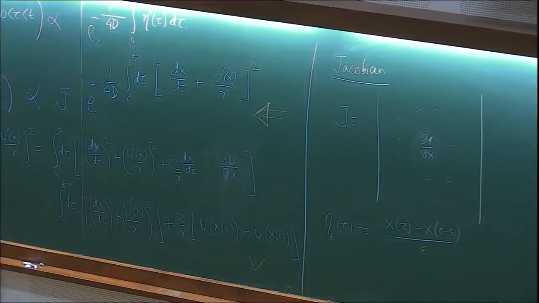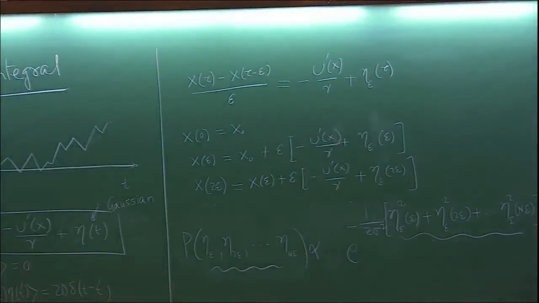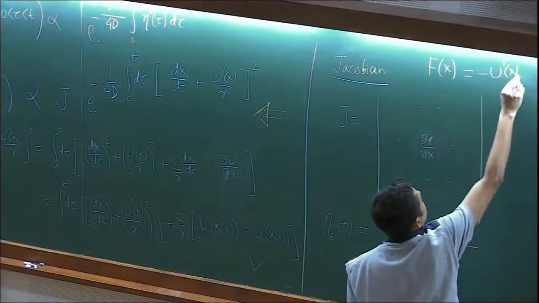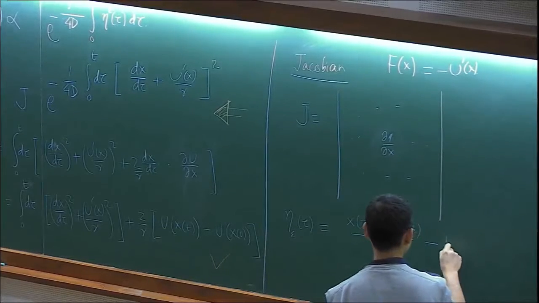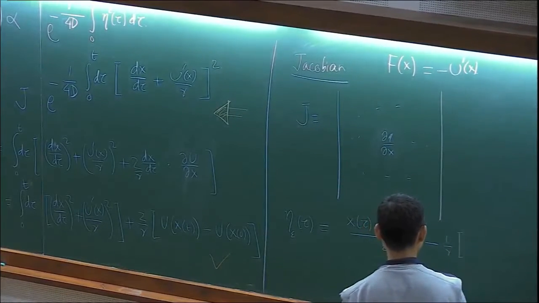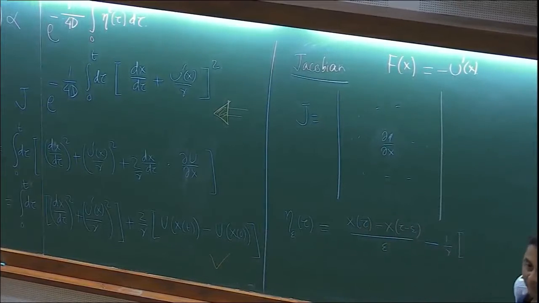So that's this one plus this guy, so that guy becomes plus. So let's just call it f of x, which is minus u prime of x, so that becomes 1 by gamma times f of x at tau.